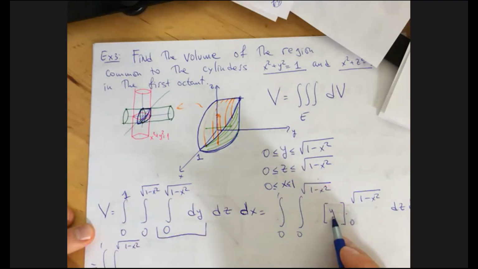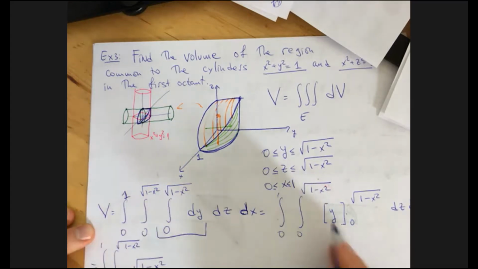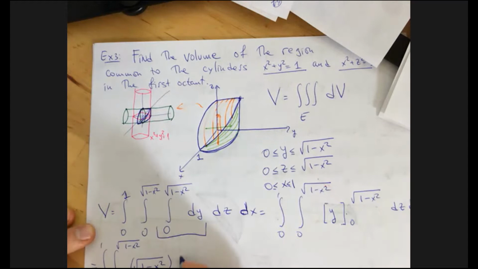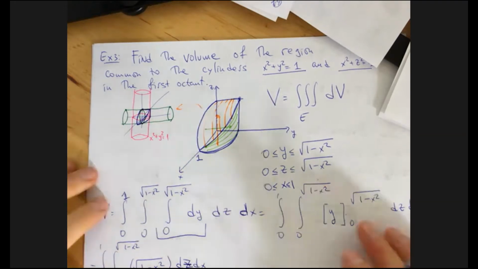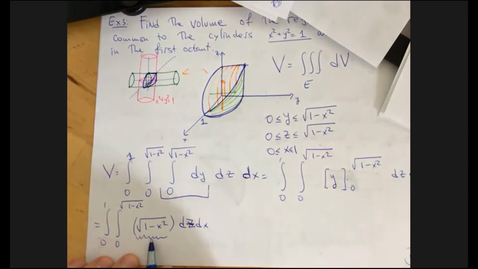You plug in here square root of 1 minus x squared, so square root of 1 minus x squared minus 0, dz dx. Well, this expression here doesn't depend on z whatsoever, so it's being treated as a constant, right?